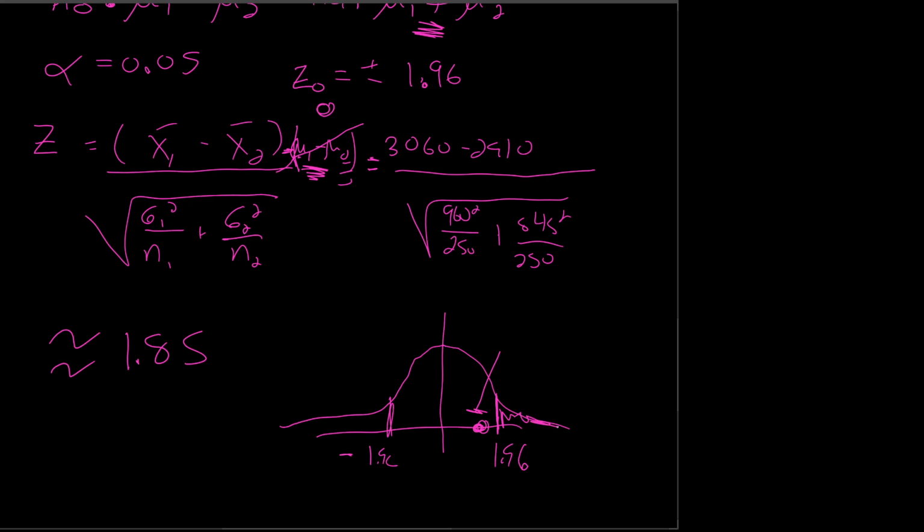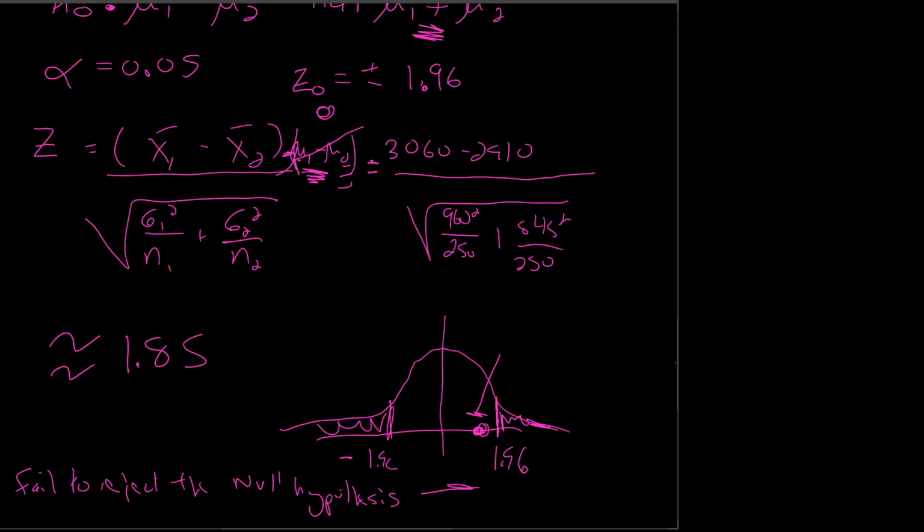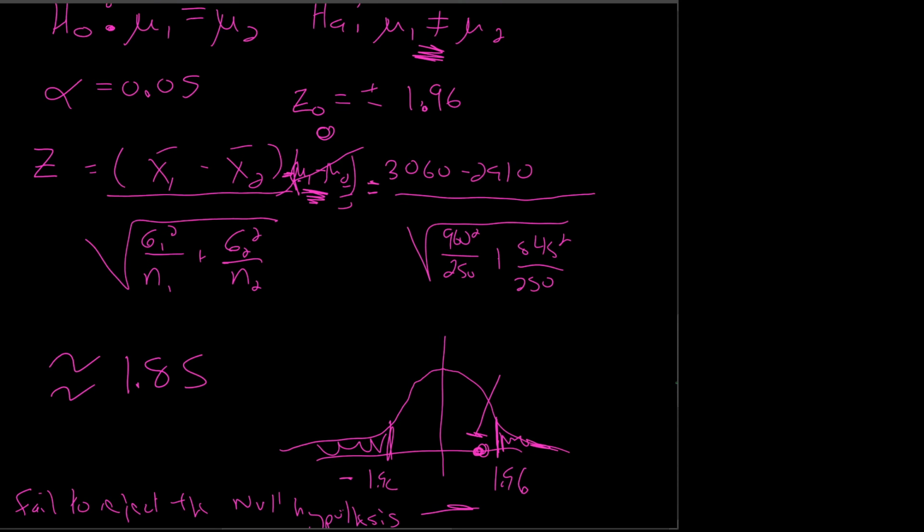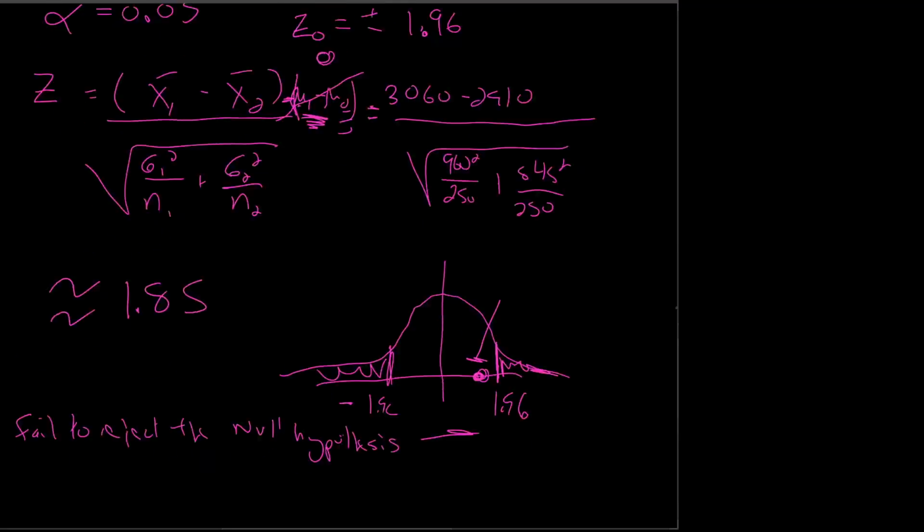These are our rejection regions here. And so we fail to reject the null hypothesis. And so we can't say that there's a difference, or there is not enough evidence to say there is a difference between the credit card spending in Florida and California.